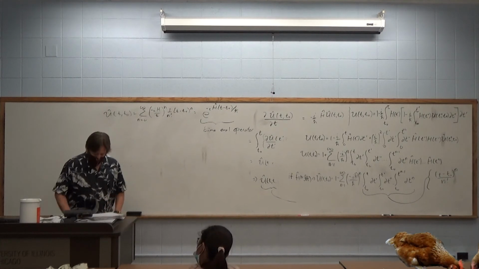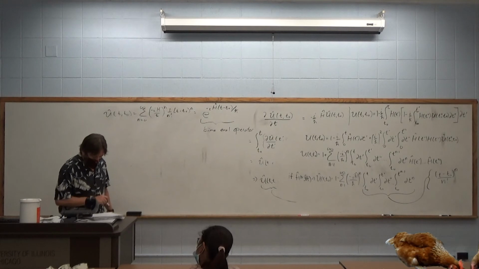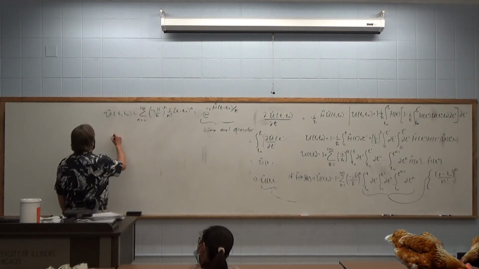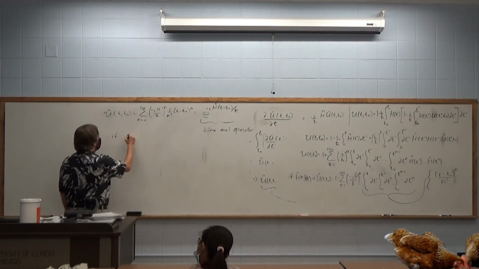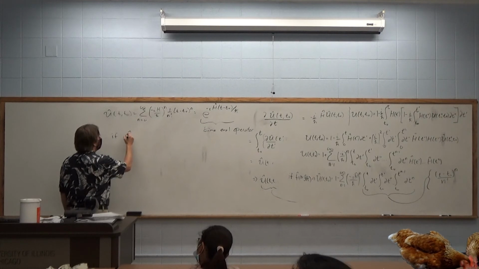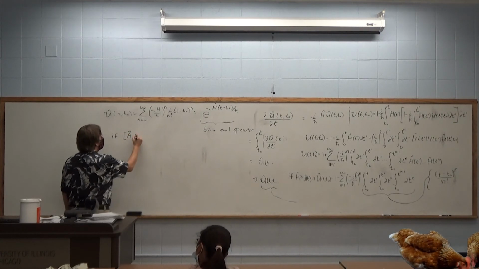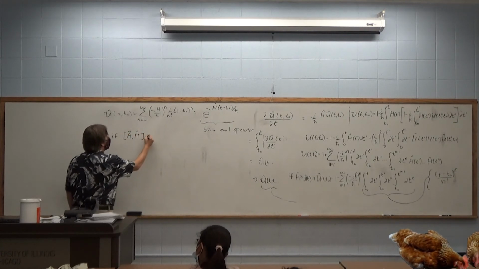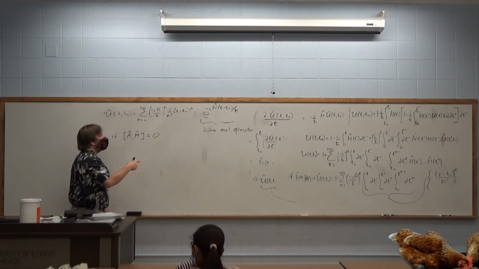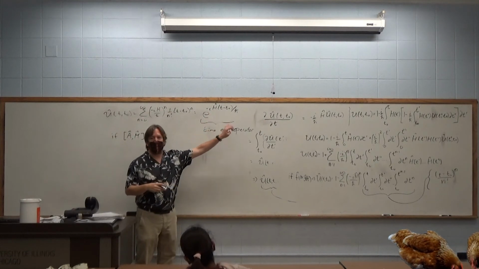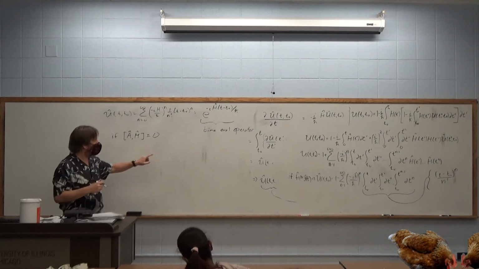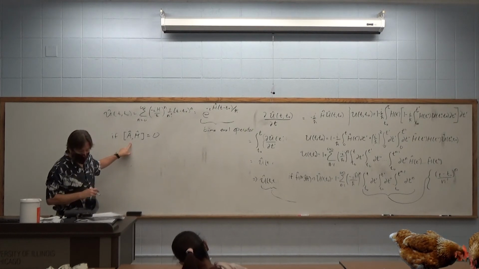Okay, real quick, now what you want to do is calculate properties. You want to calculate the properties of the state. So I can evolve the state in time now, and I would like to know how its properties change.